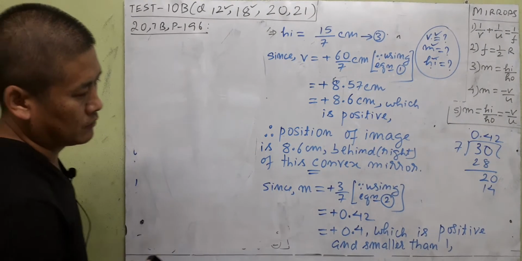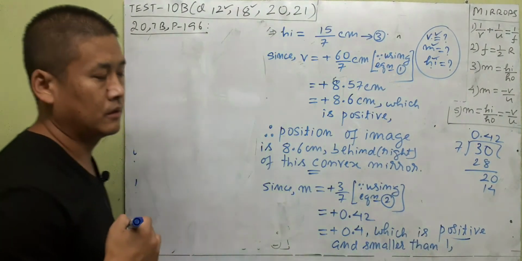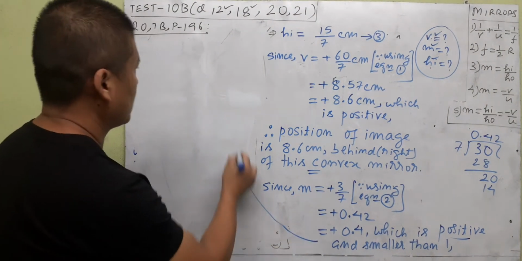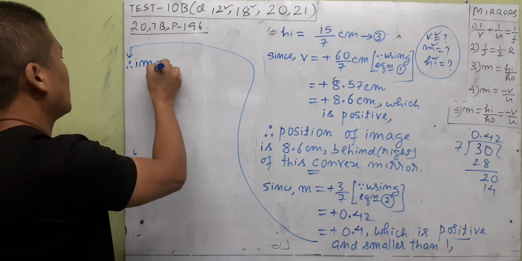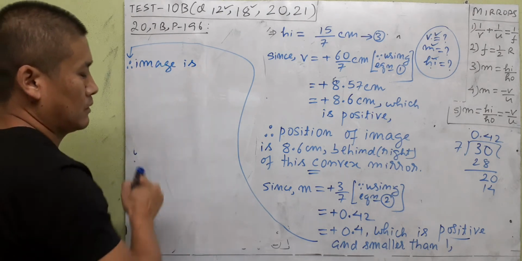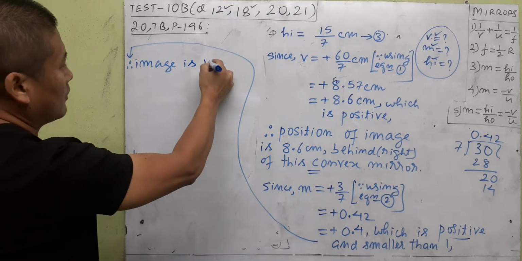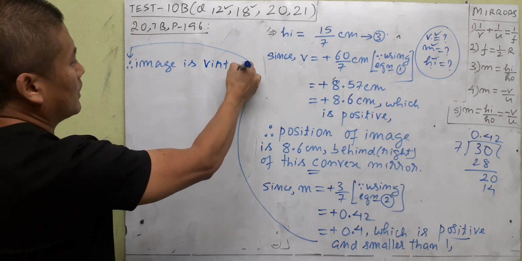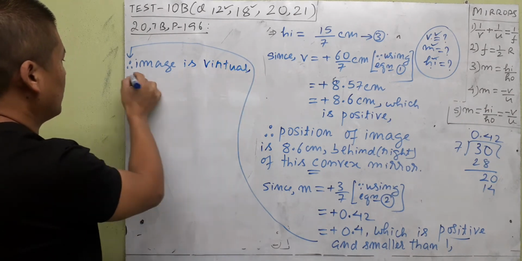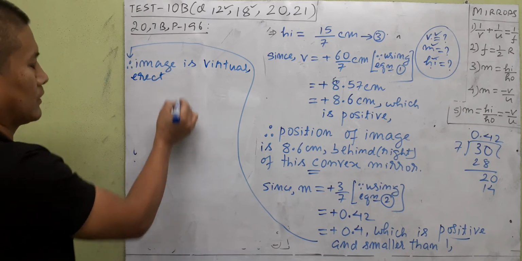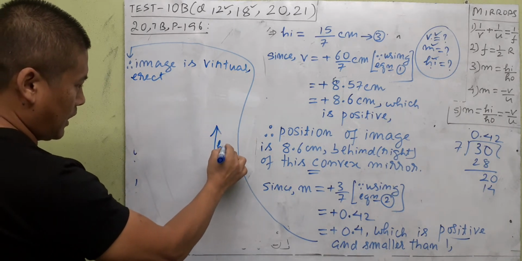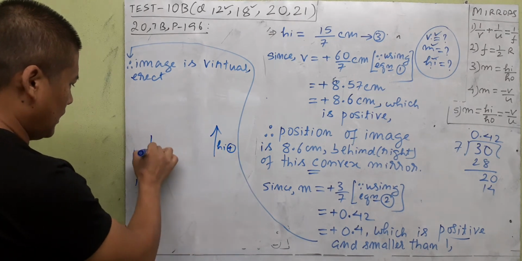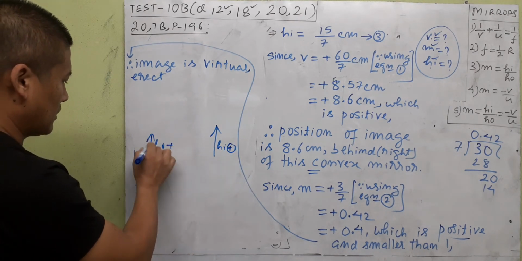But first of all, let us deal with this part, positive. We have done this in sign convention. So let us go here. Therefore, the image is positive, which means we know it is virtual. We have discussed this in the sign convention, so erect. See here, when the image is erect, hi is plus and ho is always plus.